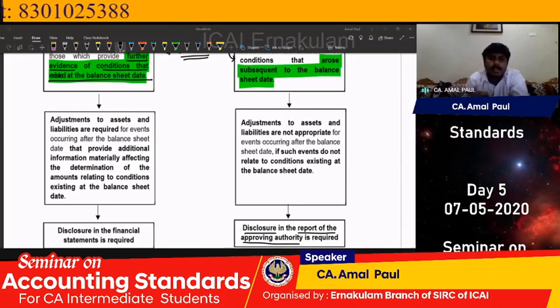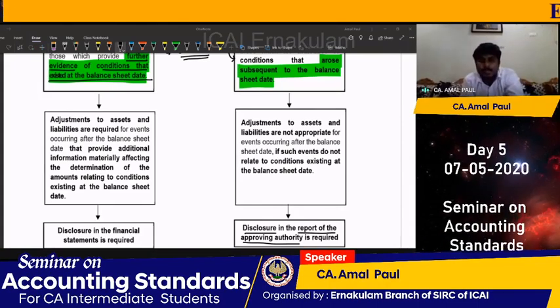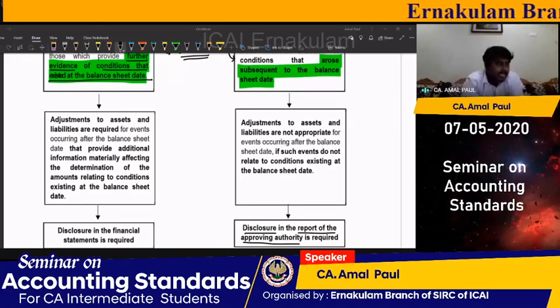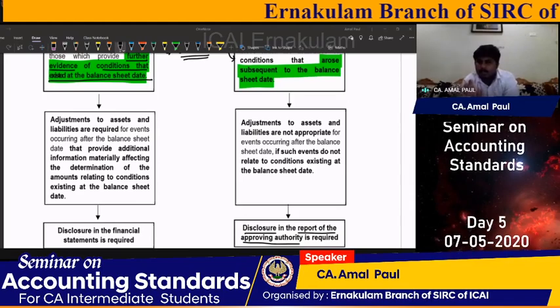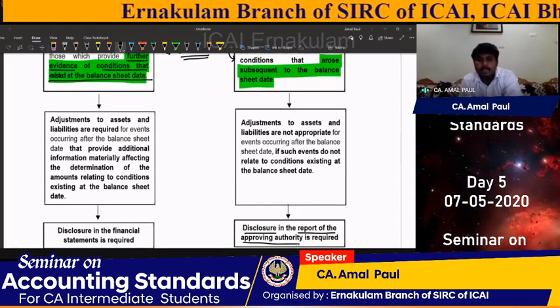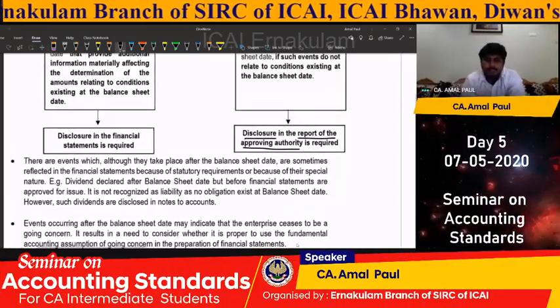But if it is a material item that will have a higher bearing on financial statements, considering its special nature and the legal requirements, we may disclose it in the financial statements also. Usually it is disclosed in the reporting authority's report.